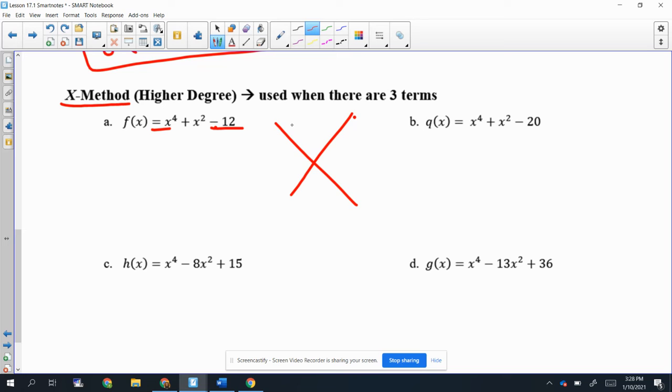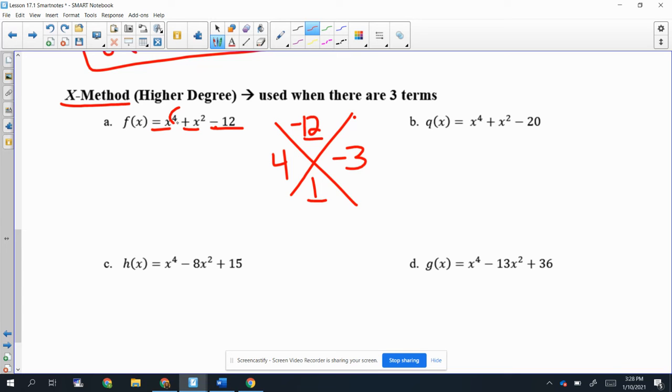So 1 times negative 12 is negative 12. And then your b value in the bottom, which is 1. And then you have to try to see what two numbers will multiply to give you negative 12 that add to give you 1. So that's going to be 4 and negative 3. Okay, 4 times negative 3 is negative 12. 4 plus negative 3 is 1.